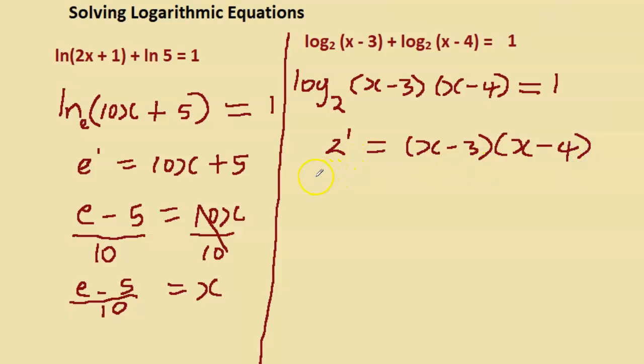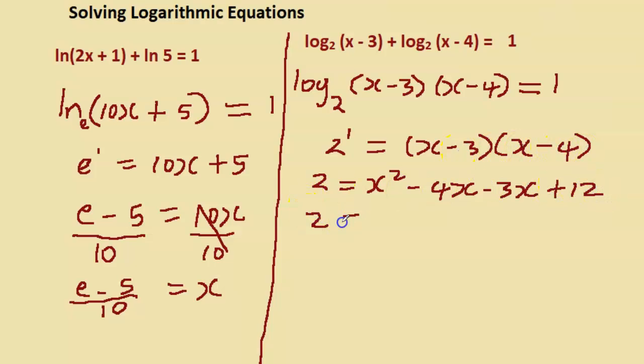Let's expand this bracket. So expand, x times x, that's x squared. x times minus 4, that's minus 4x. Then we take this negative 3 and distribute it. Negative 3 times x, that's negative 3x. And negative 3 times negative 4, that's positive 12.